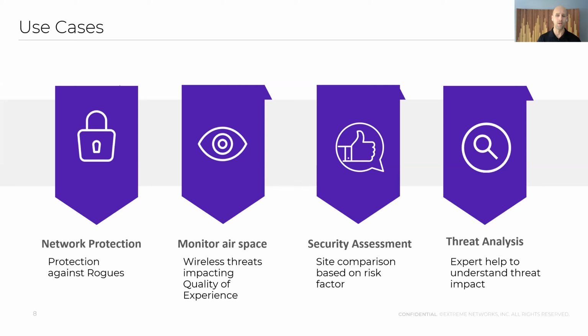And for security assessment and threat analysis, we need easy ways to look at sites in your organization and do comparative analytics, to see which ones may be the highest risk as far as security exploits and vulnerabilities and what we're seeing in the air, so we can go there and take action.